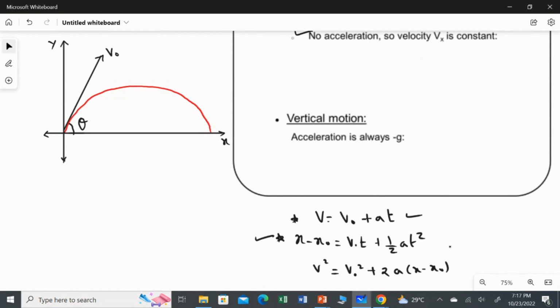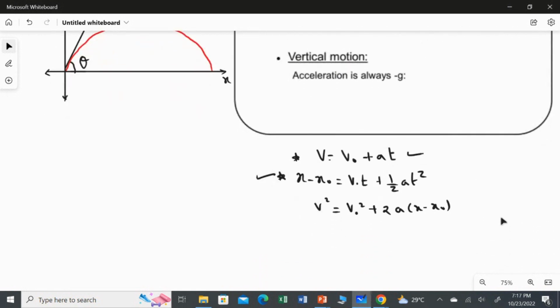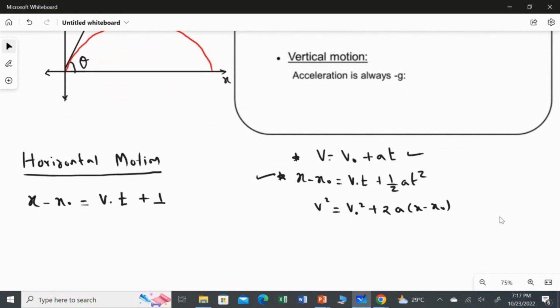So we start with the displacement. First of all, I am going to explain the projectile's horizontal motion. For this horizontal motion, I am going to use the second equation, x minus x0 equals v0t plus half at square.